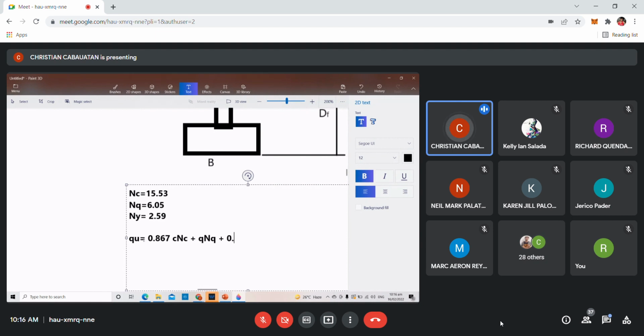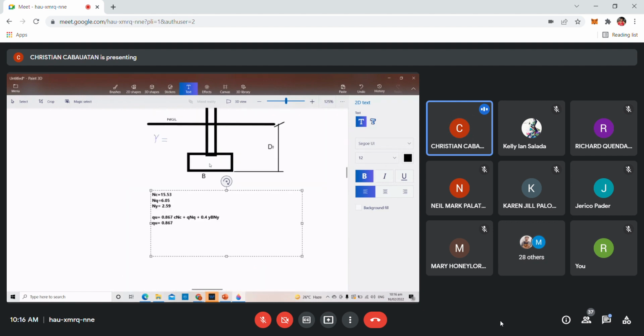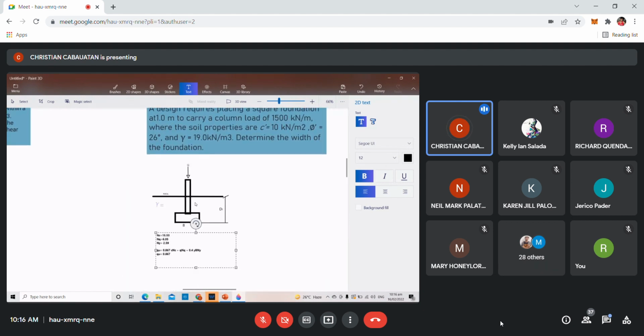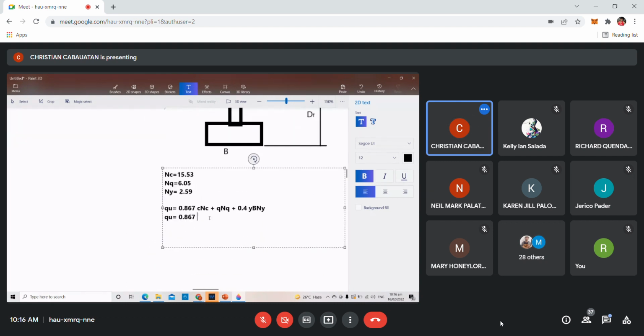Ano na ulit yun? 4 or 3? 4, sir. 0.4 gamma B N gamma. Okay? So, ang qu natin, therefore, it is equal to 0.867. Ang kanyang cohesion, it is 10. At ang kanyang Nc ay 15.53.